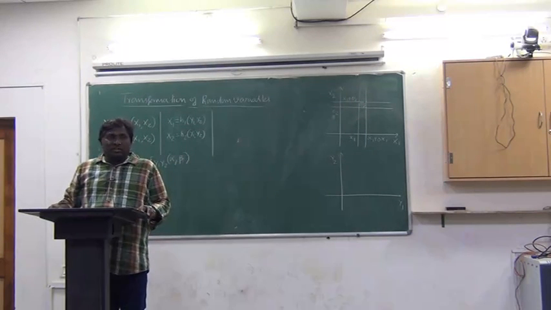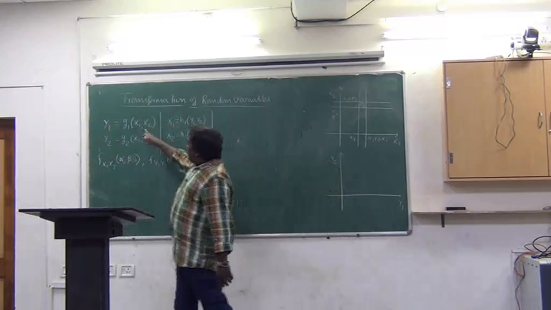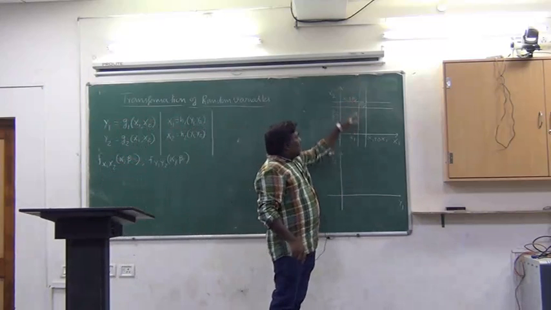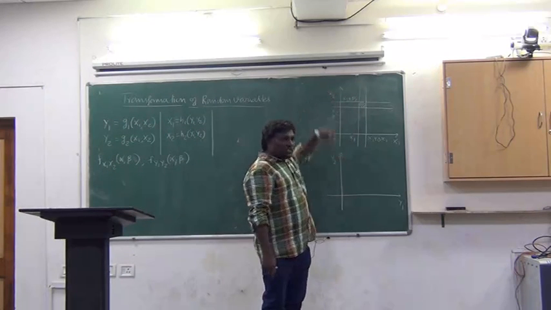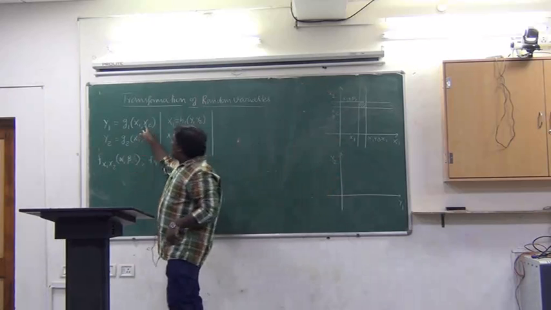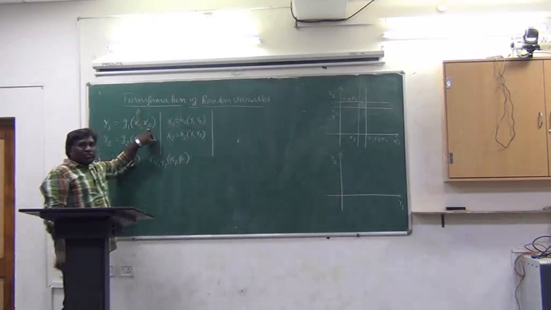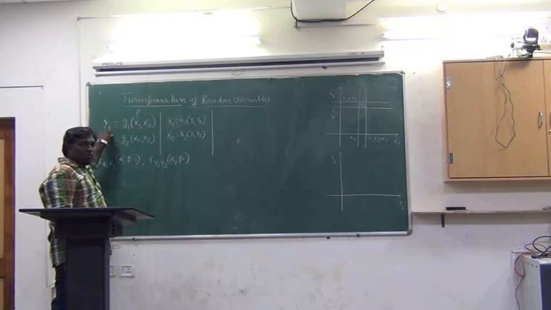Right? So let me draw that curve here. Because I am fixing, for example, this line at x1 and your x2 is changing, right? So this one I am fixing and you are getting that function of x2, which is going to be y1.